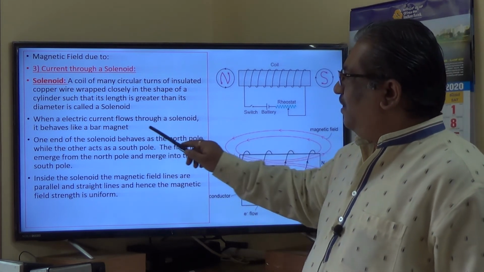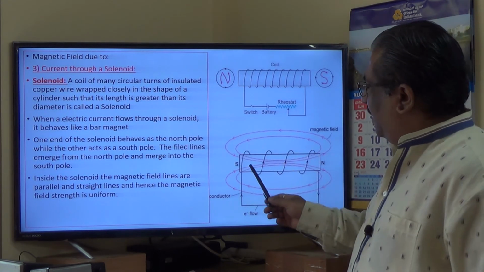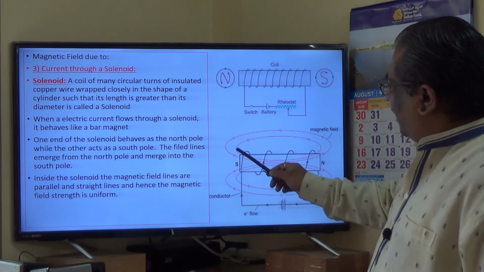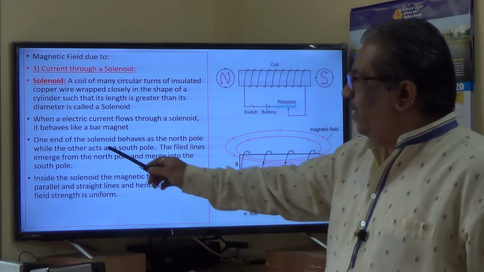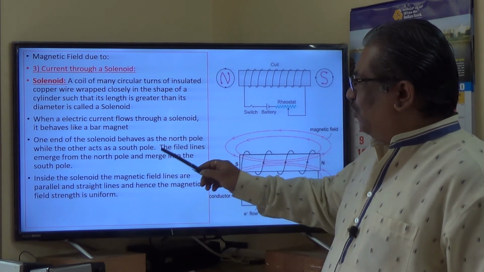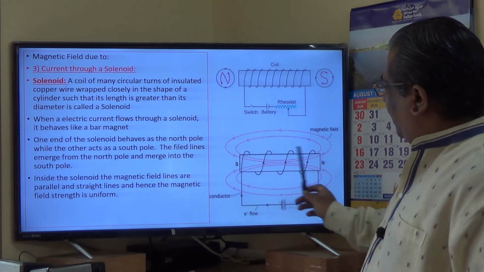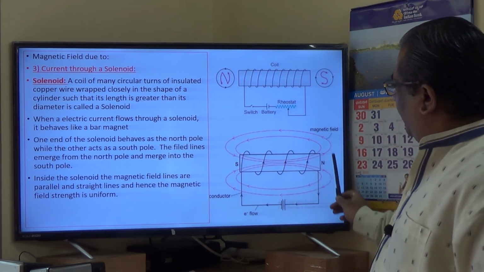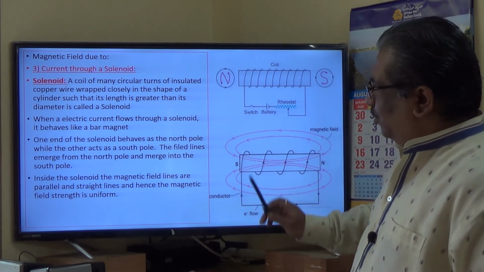Whenever an electric current flows through a solenoid, it behaves like a bar magnet. See here, it behaves like a bar magnet, and the magnetic field lines are produced over here. One end of the solenoid behaves as the north pole, while the other end acts as the south pole.